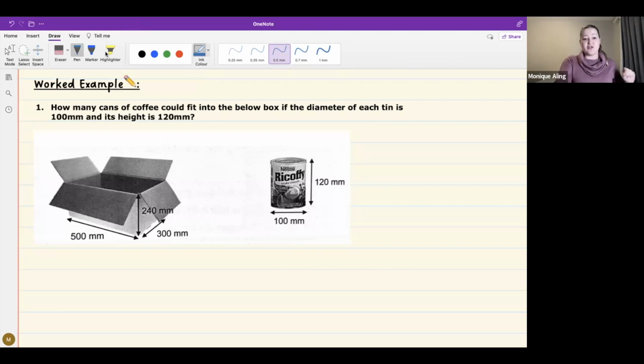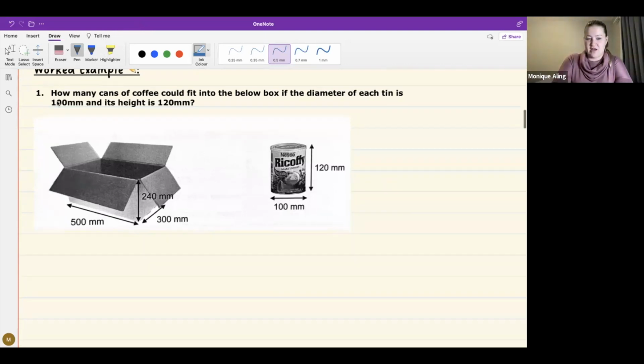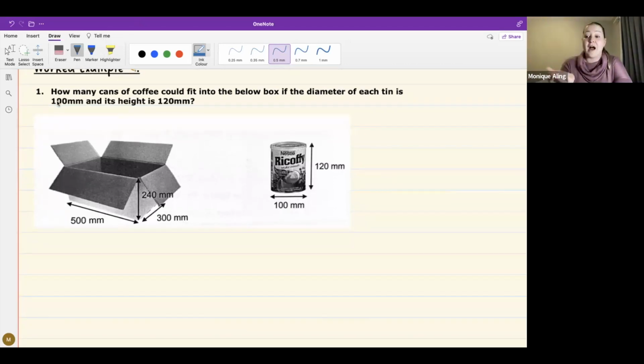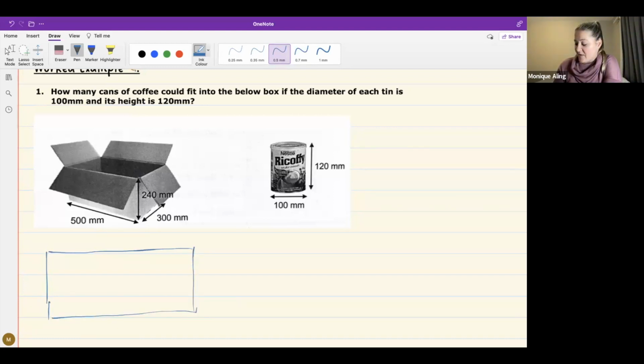So I'm just going to redraw this image to help us, because you might wonder, why do we need the diameter? Why have they given us the diameter of the can? Got a square box, or rectangular box, and we want to know how many cans can fit into this box.